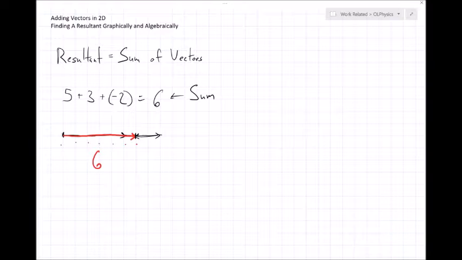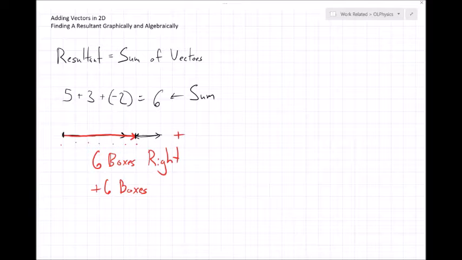So this is 6. We would give it a unit, maybe boxes. But this also has a direction. We would say to the right. We could also say that if right was our positive direction, we could just say a positive 6 boxes. So this should be something you're a little bit used to already. We may not have used the word resultant too often, but all you really need to know is the resultant is the sum of your vectors.